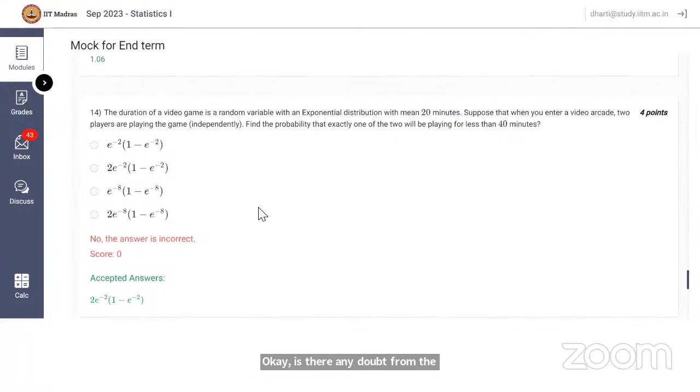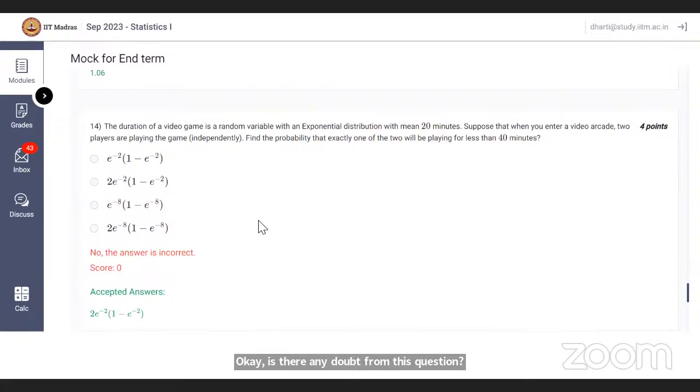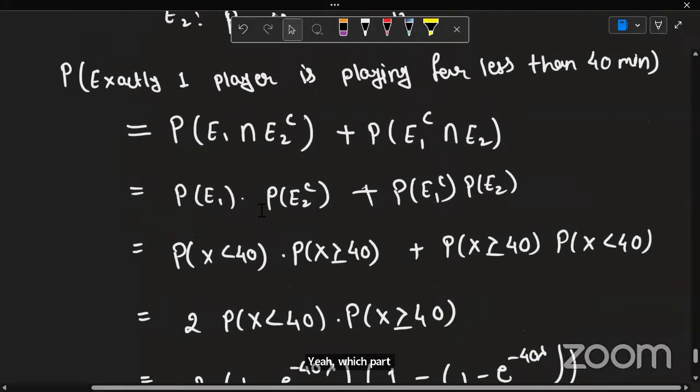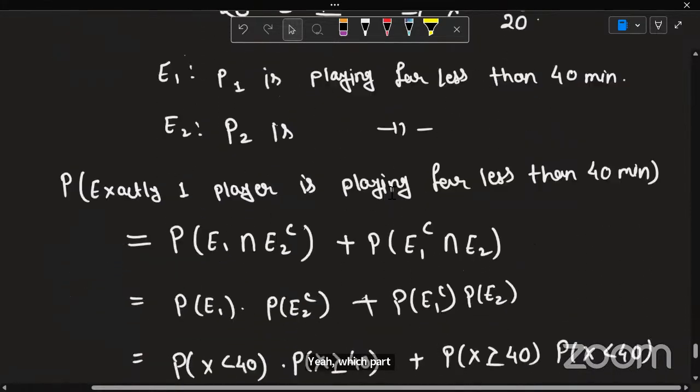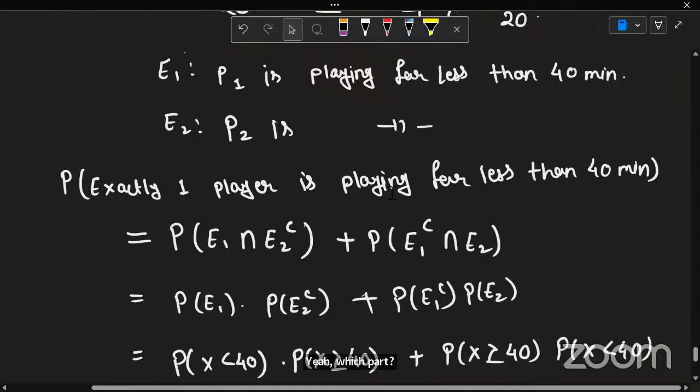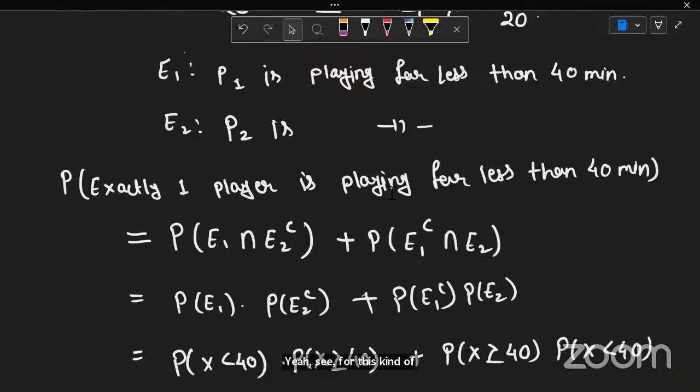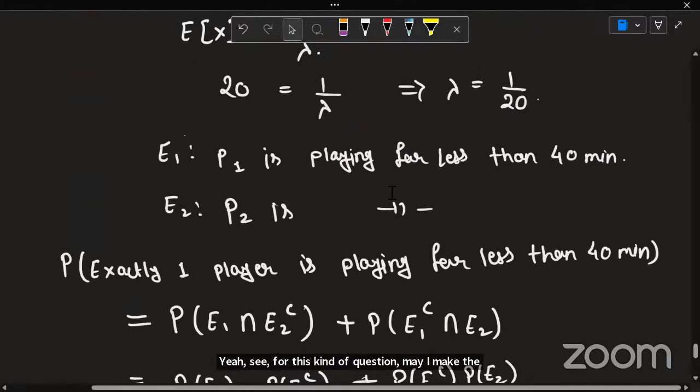Ma'am, can you repeat a little bit once again? Yeah. Which part? Ma'am, when you started the cases. See, for this kind of question, we make the events that, okay, let's say E1 is the event where player 1 is taking less than 40 minutes and E2 is the event where player 2 is taking less than 40 minutes.